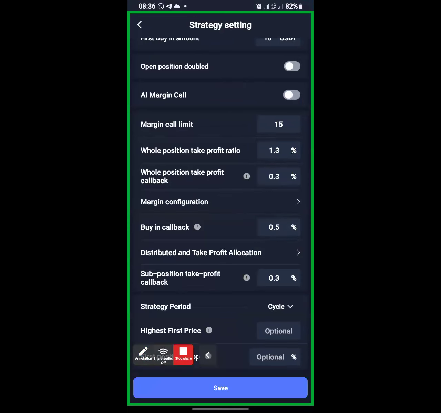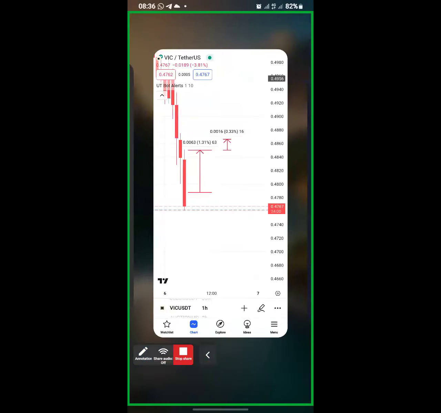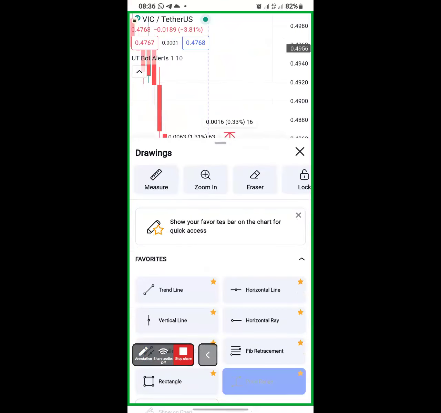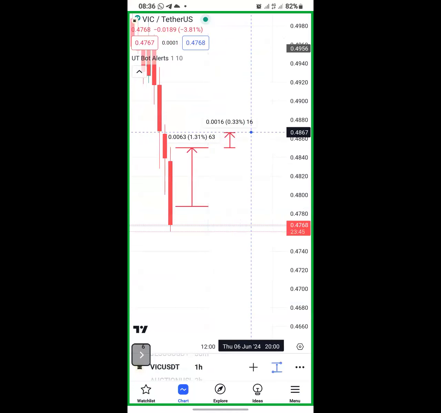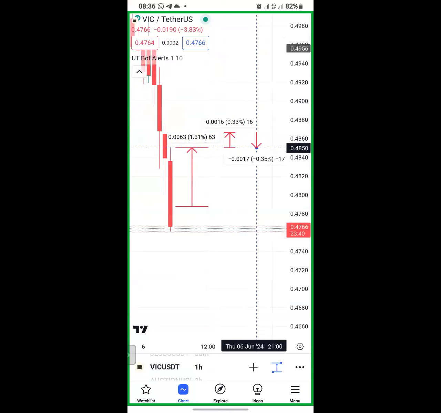This means that it is going to reduce in this way. It has added 0.3, then it is going to reduce by 0.5 there. I hope you get what I'm trying to explain.